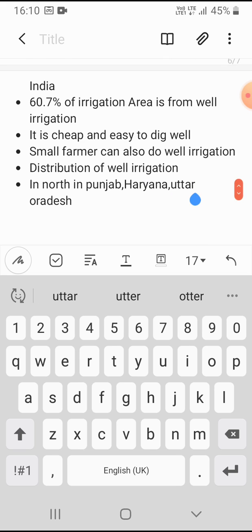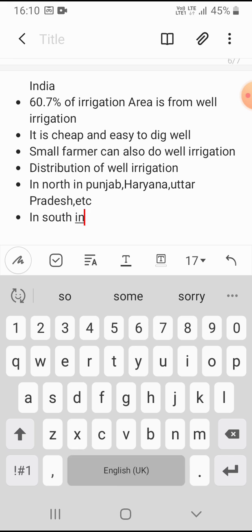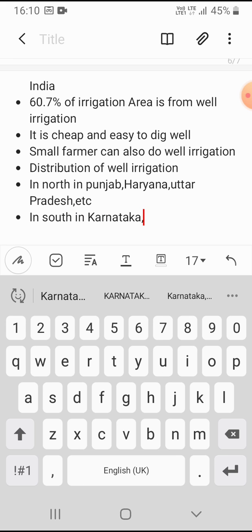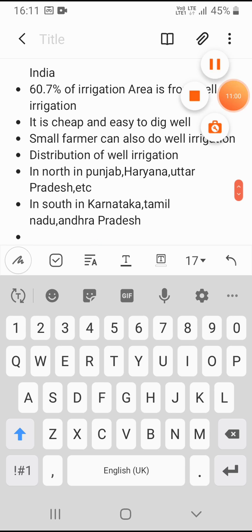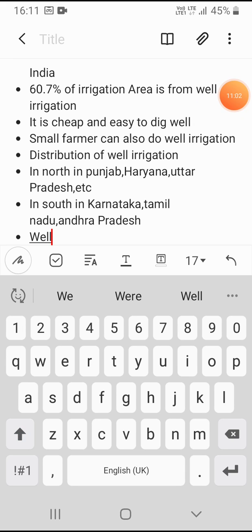And in the south, in Karnataka, Tamil Nadu, and Andhra Pradesh also we can see well irrigation.